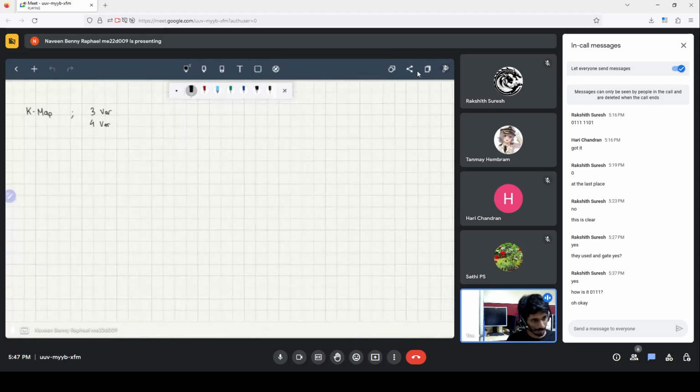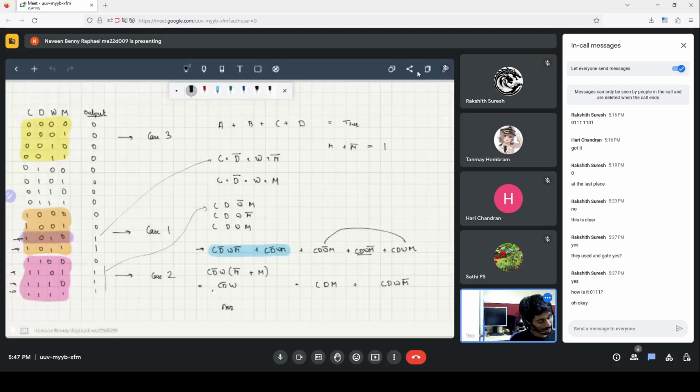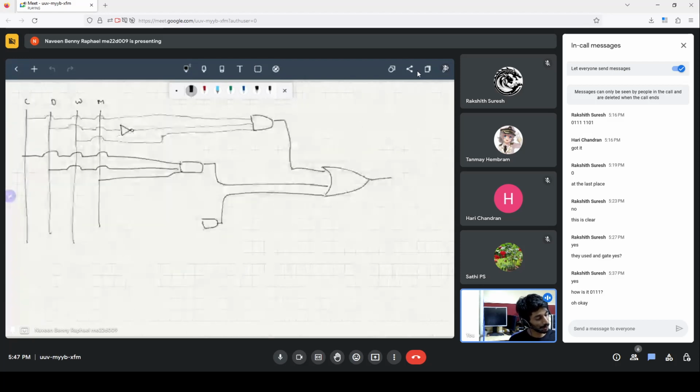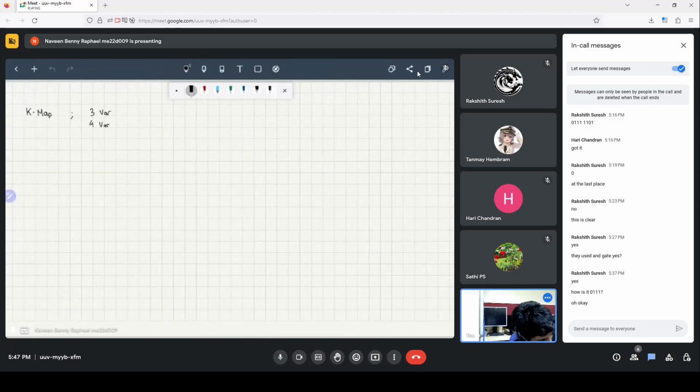There are higher variable K-maps also, but it gets very difficult to draw. So we'll have a square. We'll assign CD to the horizontal and WM to the vertical.